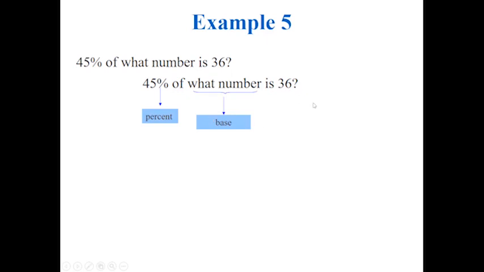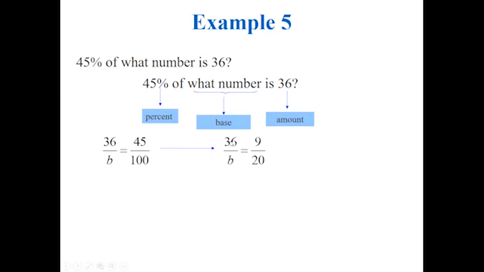What's left over is the 36. That must be the amount. Amount over base, 36 over B equals 45 over 100. We can reduce 45 over 100 to 9/20.